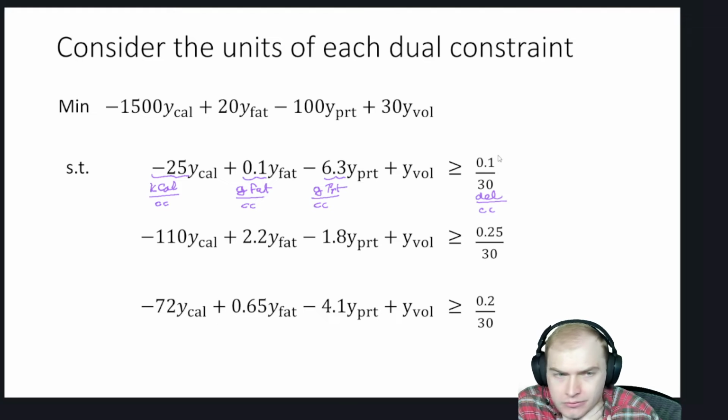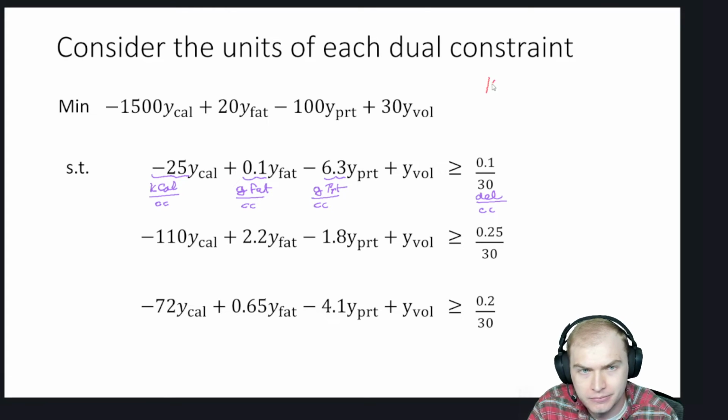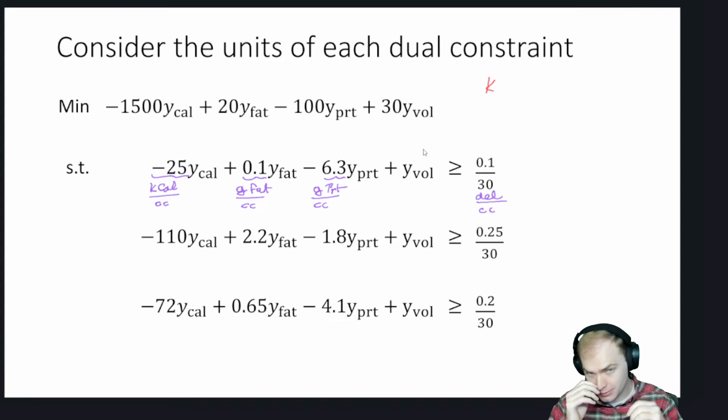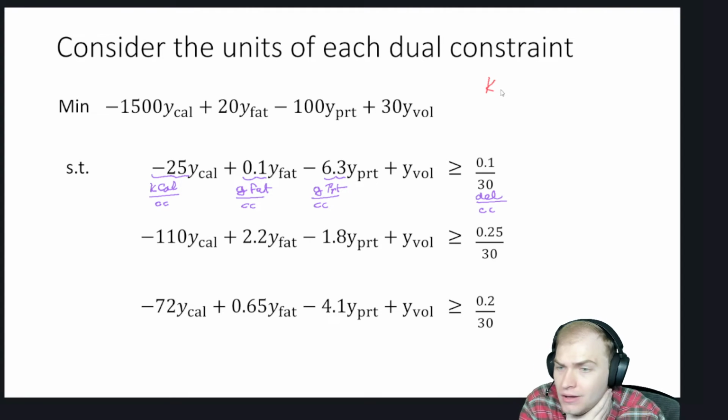So, for example, let's pick the first term. In fact, every individual term here needs to be in the unit deliciousness per cubic centimeter. So let's do a little algebra.